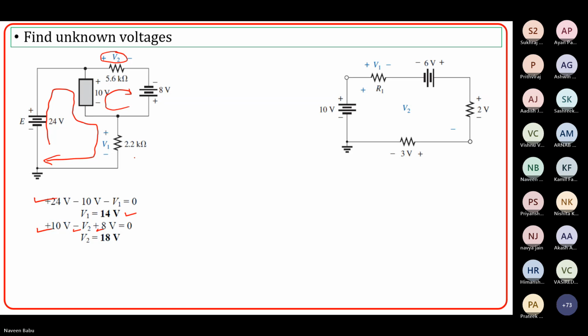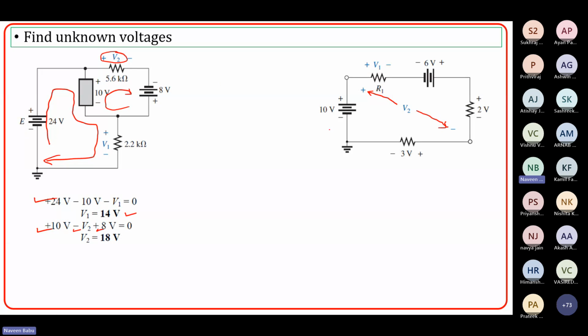Now, coming to this particular problem. You have to first find V1, then you will have to find V2. Please note V2 is between these corner terminals here. Okay, so first let us find V1. To find V1, you have to travel along the outside loop.